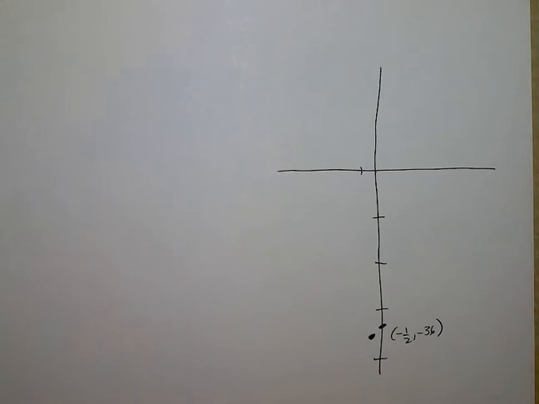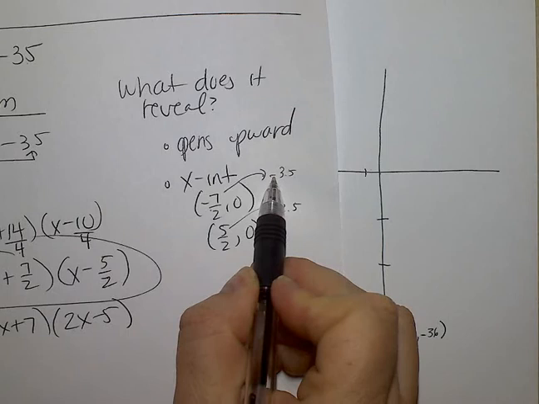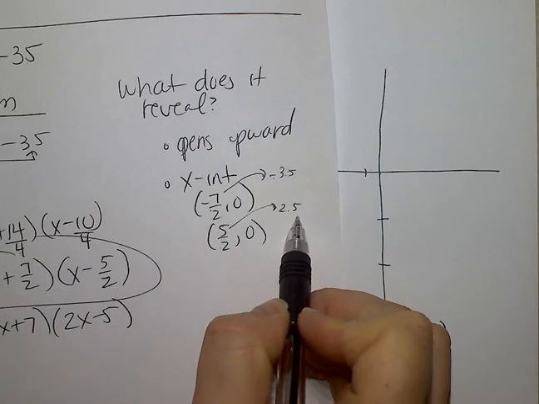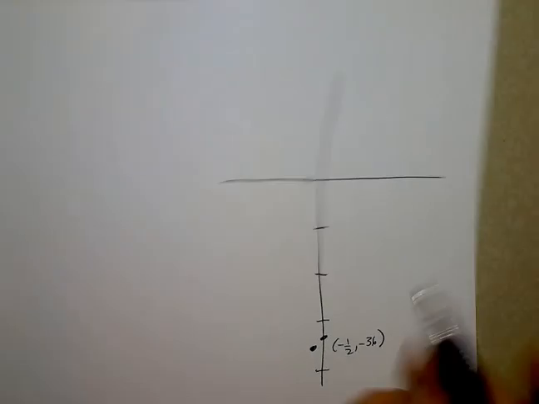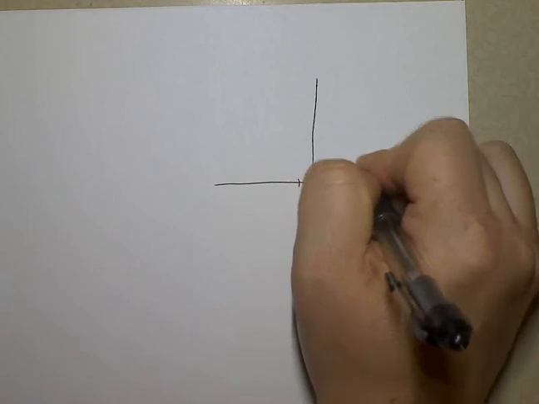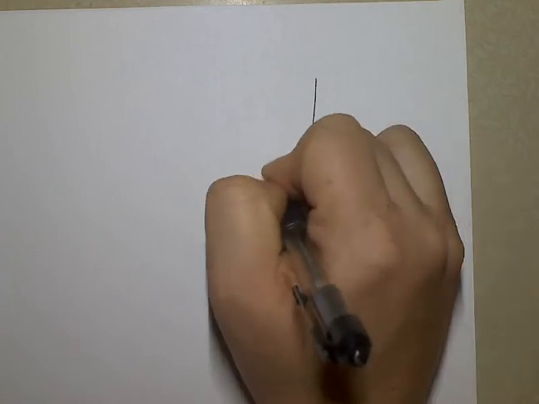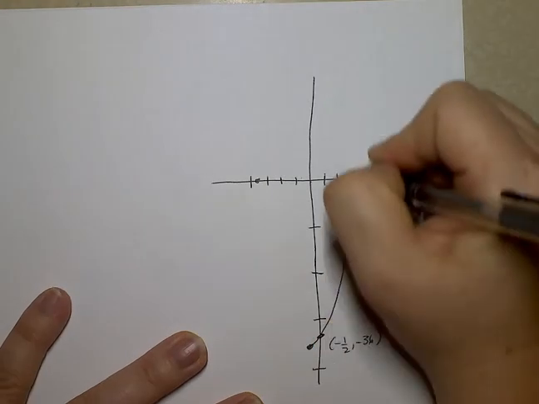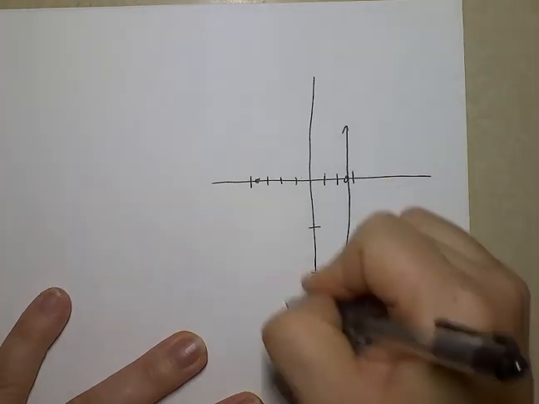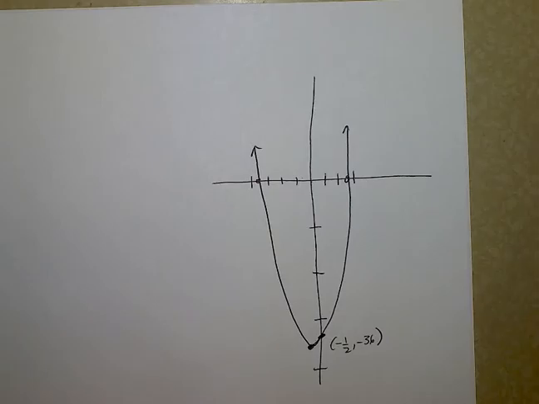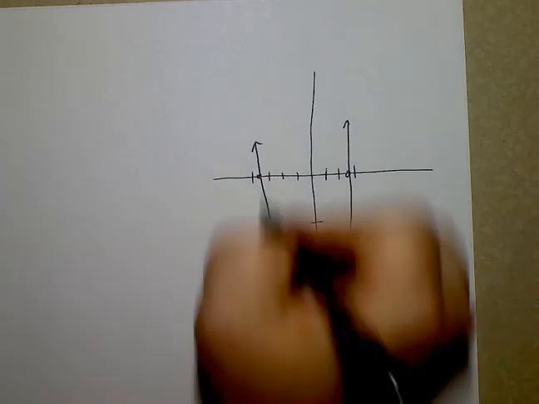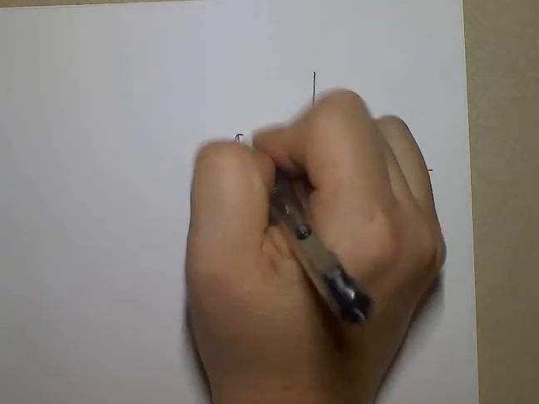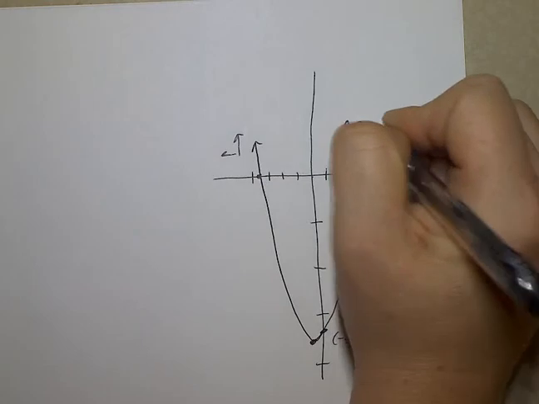And we had x-intercepts of -3.5 and +2.5. -3.5, +2.5. So as it's going up, it's also being pulled to the left, and as it's going up, it's also being pulled to the right.